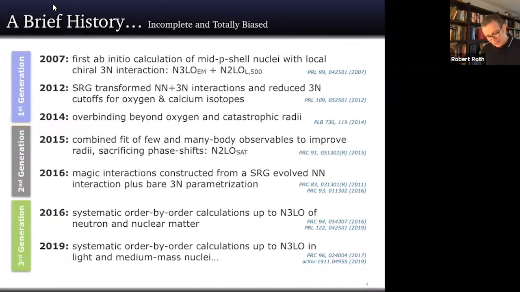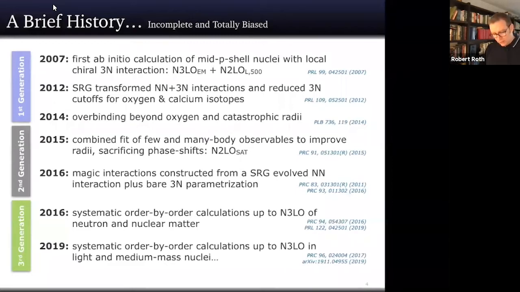And then there is a second generation, where one first tried to fix these problems by, well, trying to inform your interaction by using many-body observables, for example. But you discover once you do that, you sacrifice something at another end.